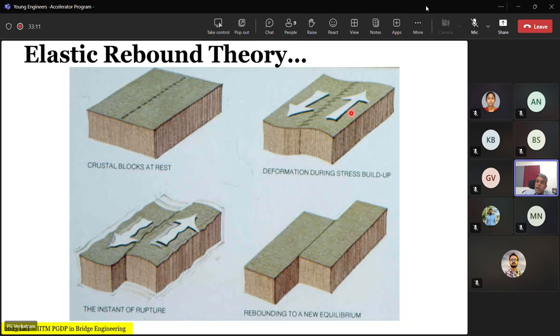But one day, the amount of energy stored builds up so much that it will overcome the resistance between the plates, and then there is a relative movement. And at that time, once you have the displacement, the built up strain energy is released. And that released strain energy is what causes the various shock waves that travel through the crust, and that we call earthquake waves.